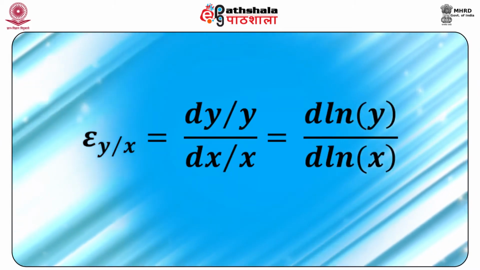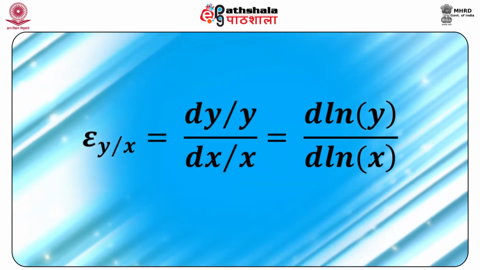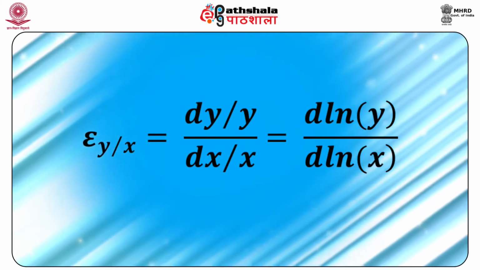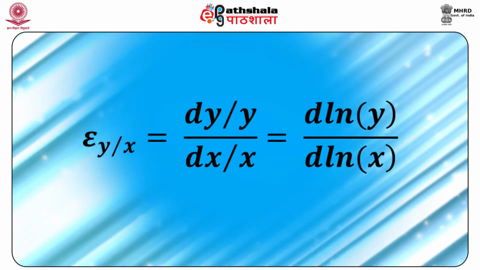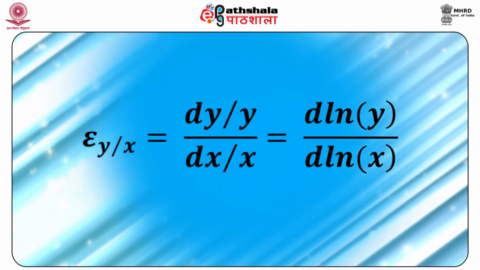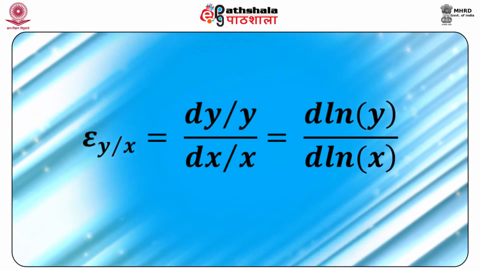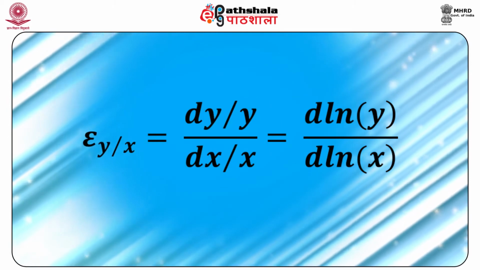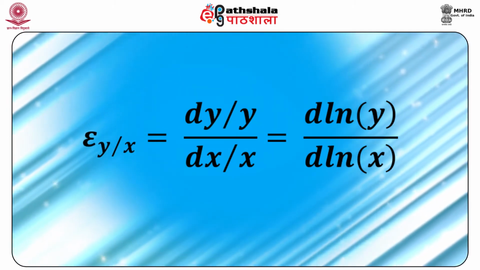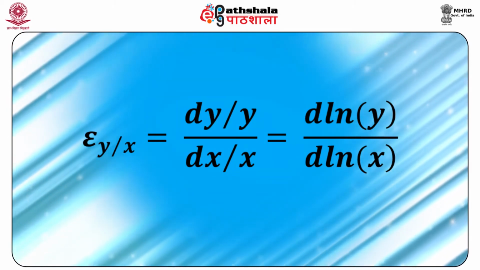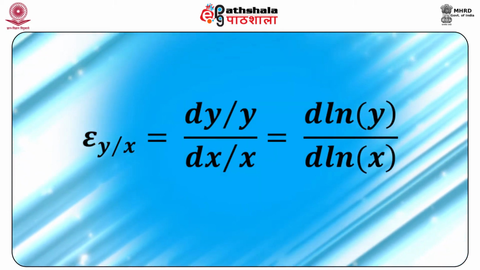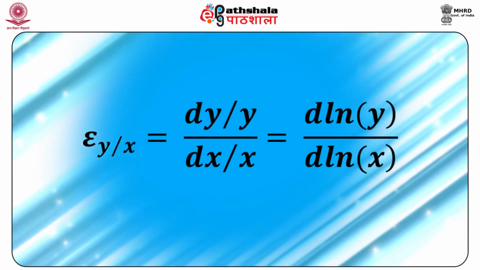In terms of log change, the elasticity of y with respect to x can be defined as elasticity of y given x equal to dy upon y upon dx upon x, which is equal to derivative of log y upon derivative of log x. Here derivatives are natural derivatives, so natural logs we are using. The logarithmic definition of elasticity is usually used in econometric models.